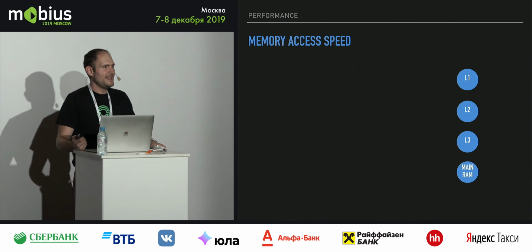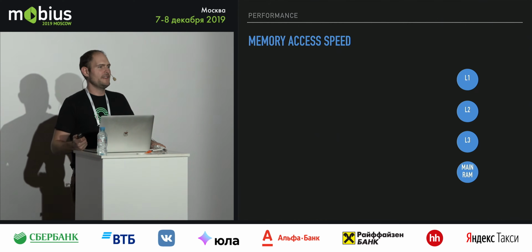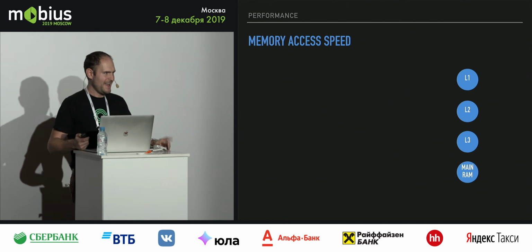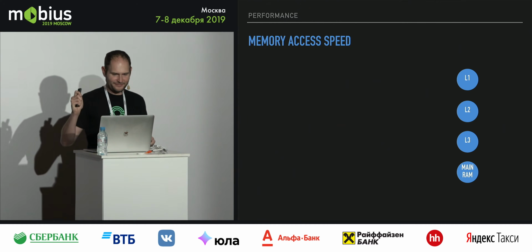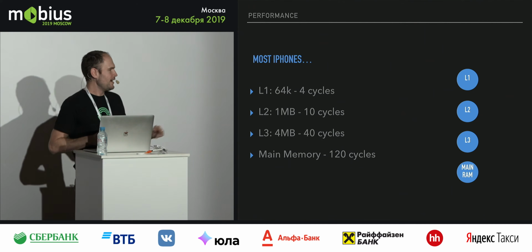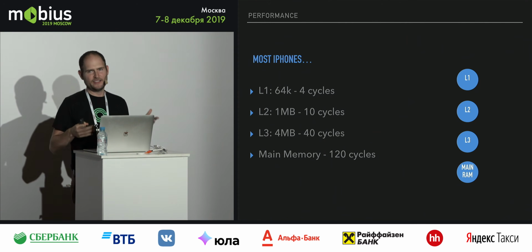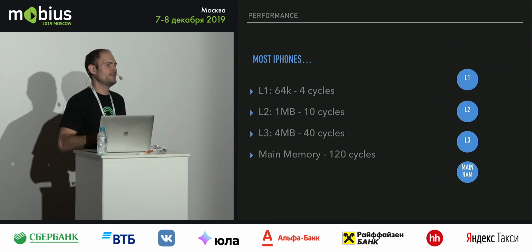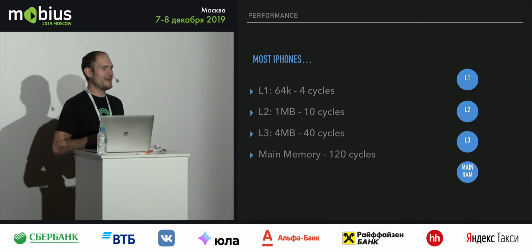Okay. Now I said that there's very little memory available with each level of the hierarchy, and now for the numbers. This is all using the iPhone 6s. So obviously newer devices probably have a little bit more, but most iPhones have these different levels. L1 has 64 kilobytes. That's not a typo.